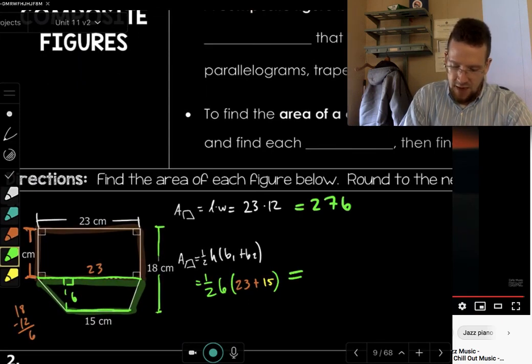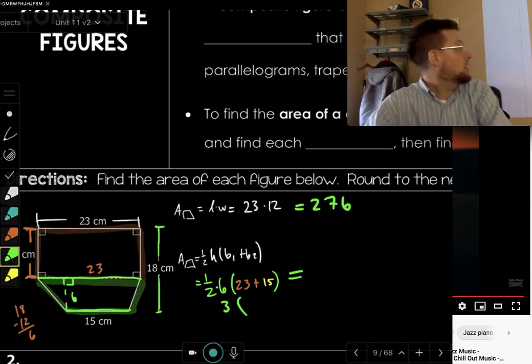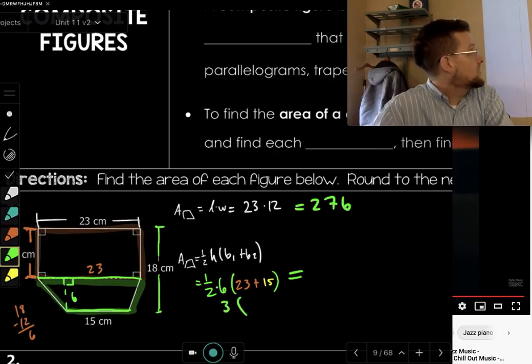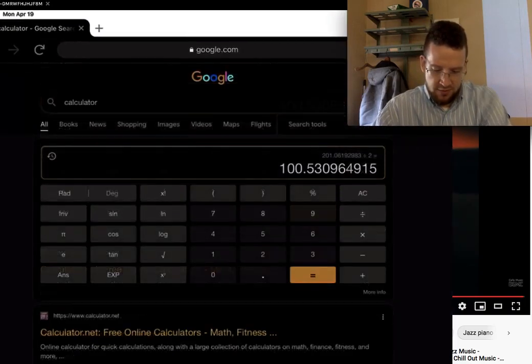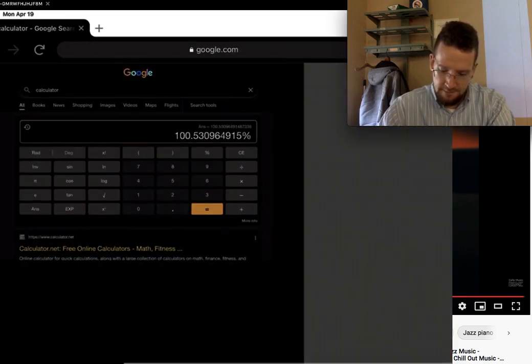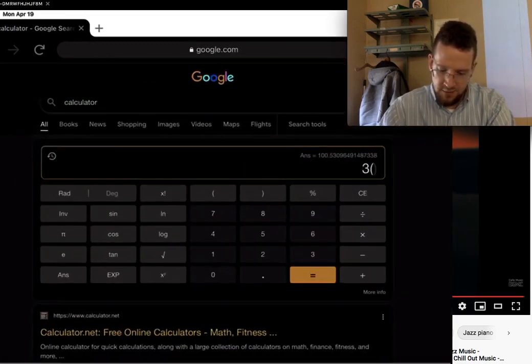And then 1/2 of 6 is 3. So this is going to be 3 times 23 plus 15. I'm going to put this into the calculator. 3 times 23 plus 15.